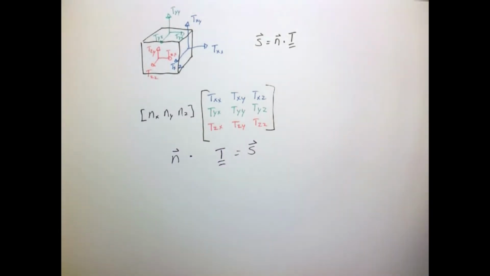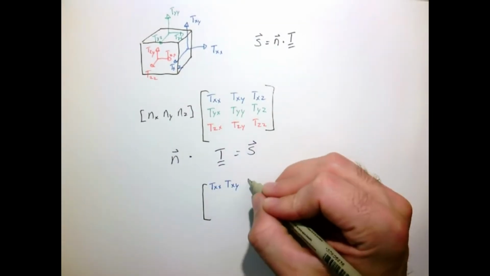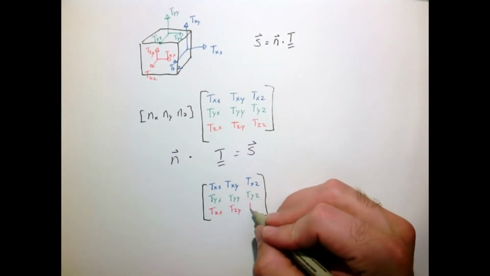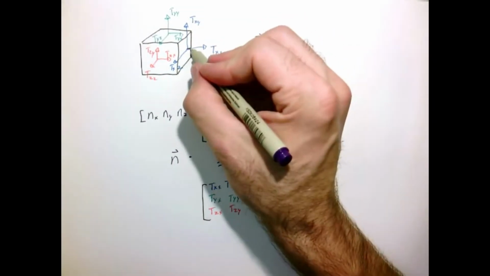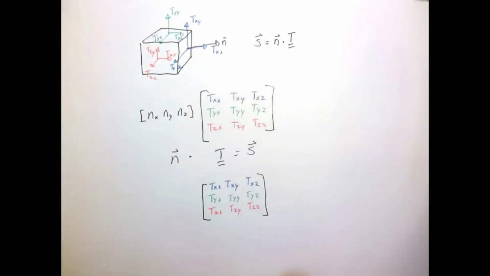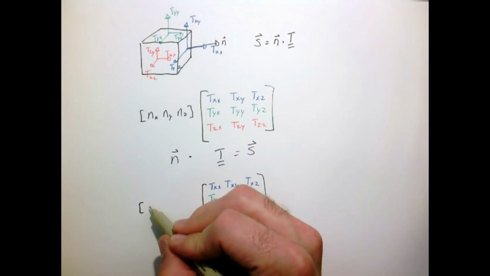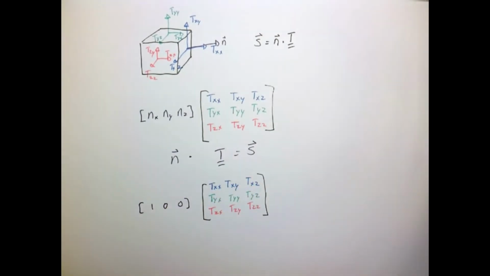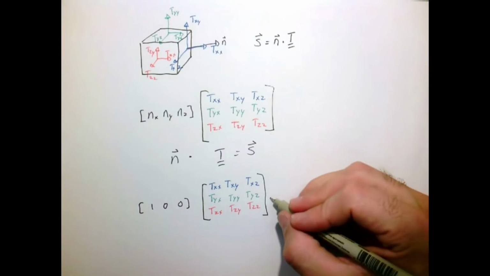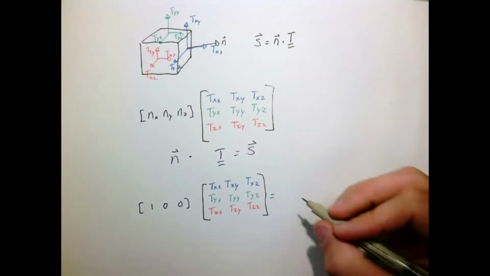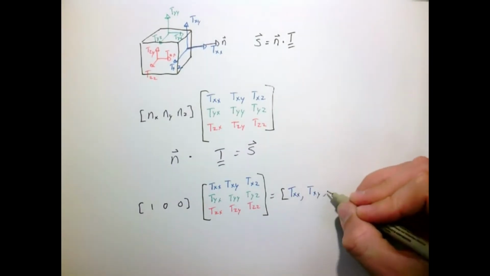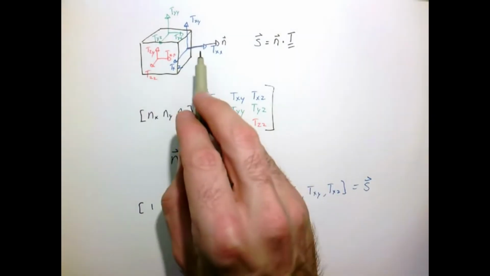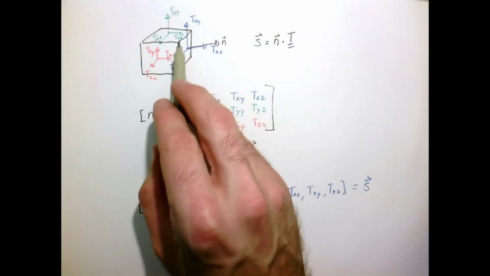So as an example of this, let's just consider a face where the normal vector points out here, just to make sure that this works. So my normal vector there is 1, 0, 0. And if I do the vector matrix multiply, I simply get a vector which has x, y, and z components, which we just extract the values of from the stress tensor off that face.